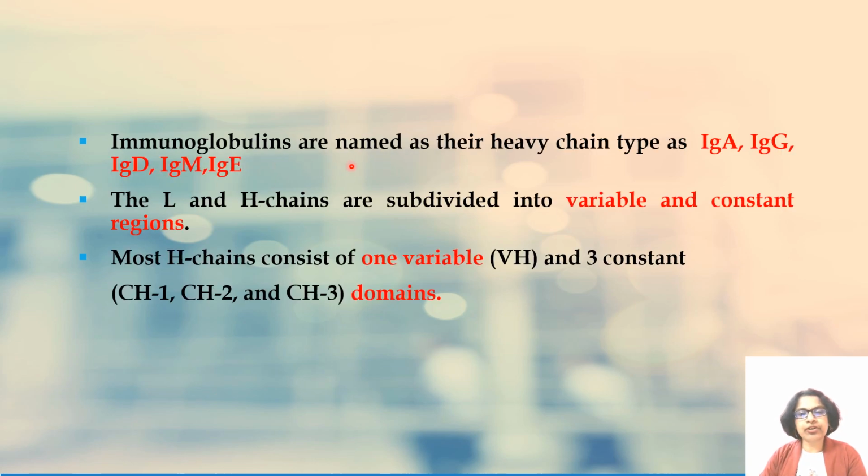The immunoglobulins are named by their heavy chain type, for example IgA, IgG, IgD, IgM and IgE. The L and H chains are subdivided into variable and constant regions, and most H chains consist of 1 variable and 3 constant domains.